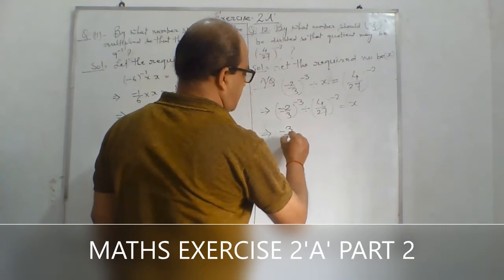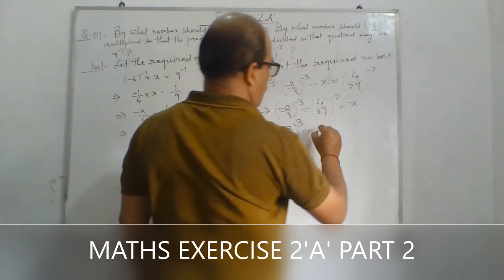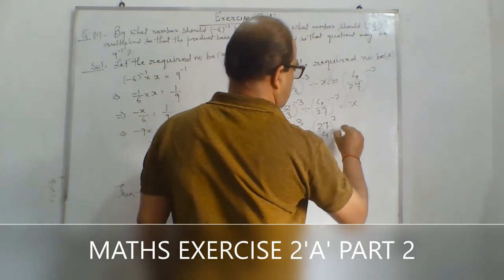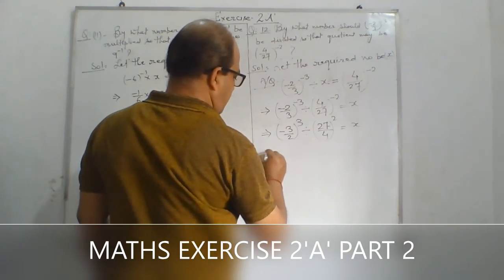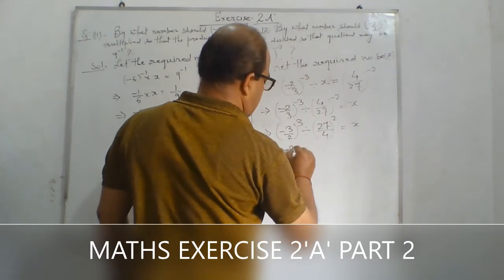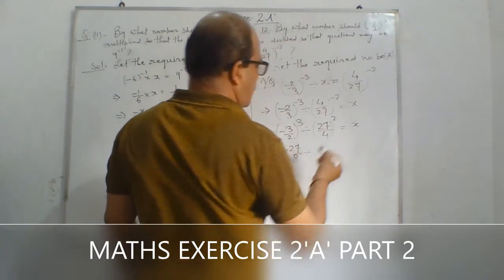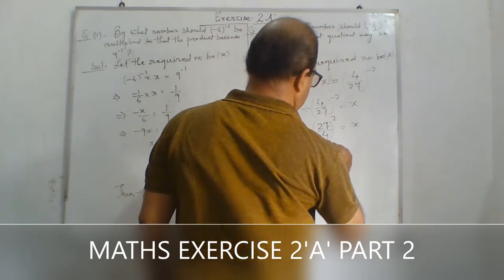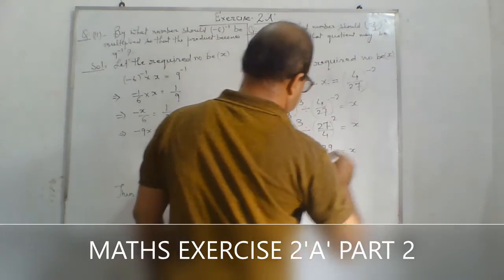So (-3/2)^3 divided by (27/4)^2 is equal to x. Now we will simplify: minus 3 multiplied 3 times becomes minus 27 by 8, divided by 27 into 27, that is 729 by 16, is equal to x.